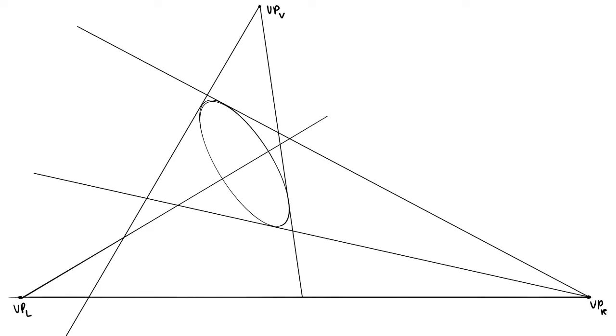But how do we check that it's off? And there's two simple criteria. One of them is the minor axis. So first we want to check, is that minor axis actually going to the vanishing point it's meant to be, which it is.